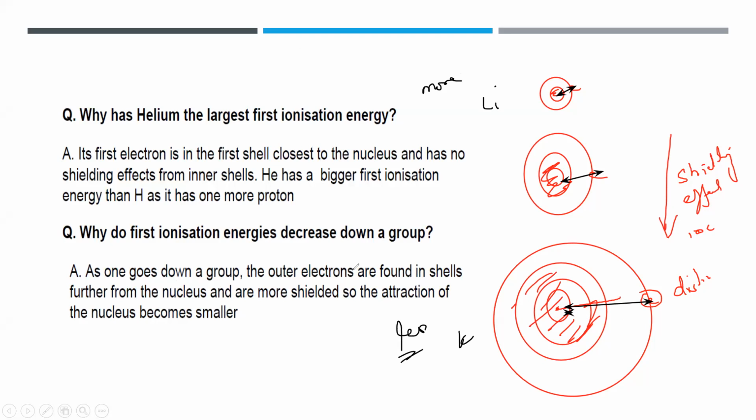As we go down the group, the outer shell electrons are far from the nucleus, and there is more shielding effect. That's why the ionization energy decreases. Is it clear? Greater shielding effect means less attraction towards the nucleus, and if electrons are far away from the nucleus, they have less attraction. That's why the ionization energy decreases as we move down the group.